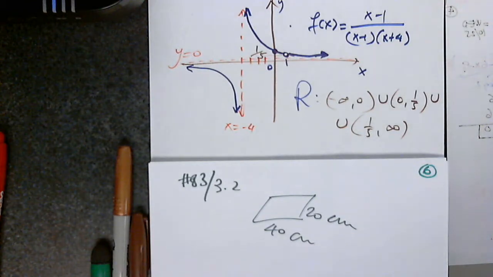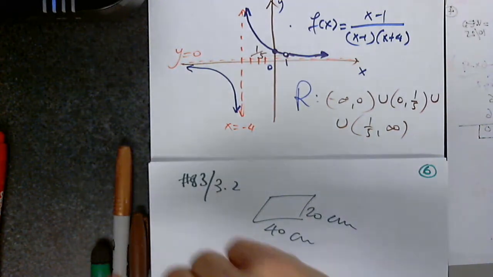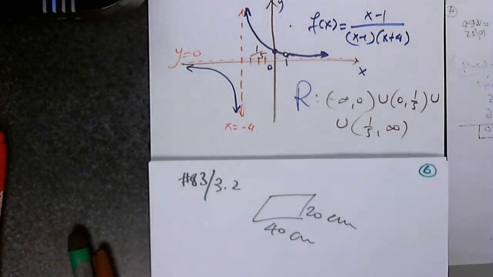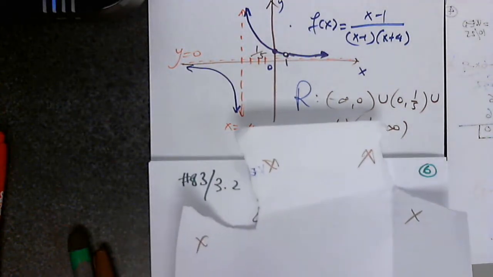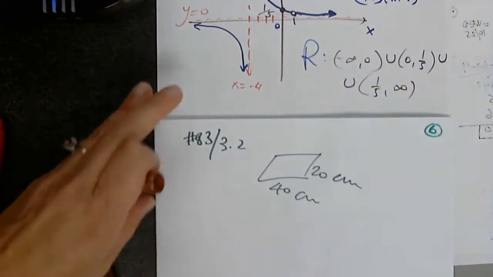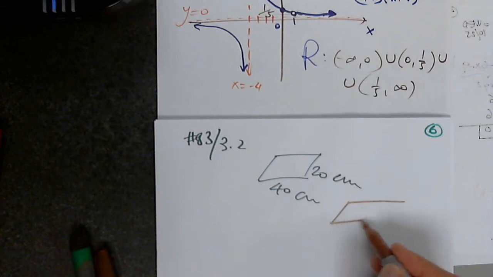Bear with me, I know it's not going to hold anything, but that's how we do it. So this side is x, this side is x, this side is x, this side is x. Okay, so then, once I fold it up, I get something like this.